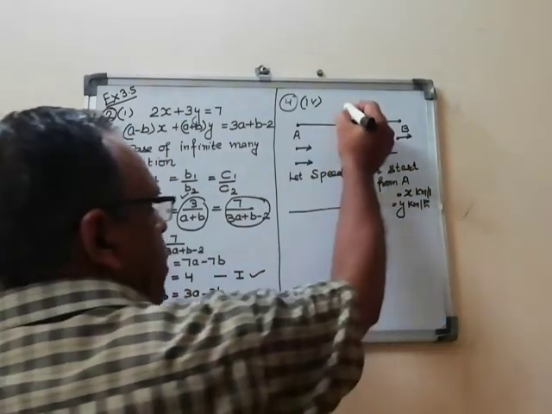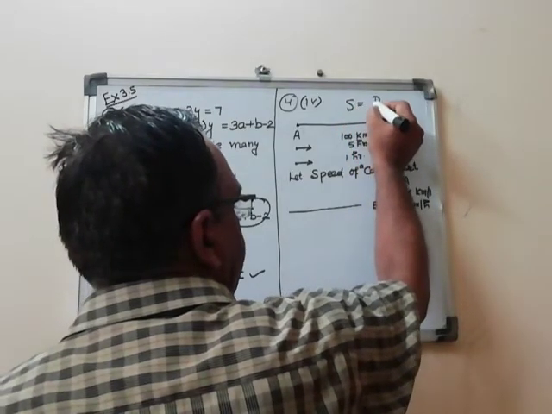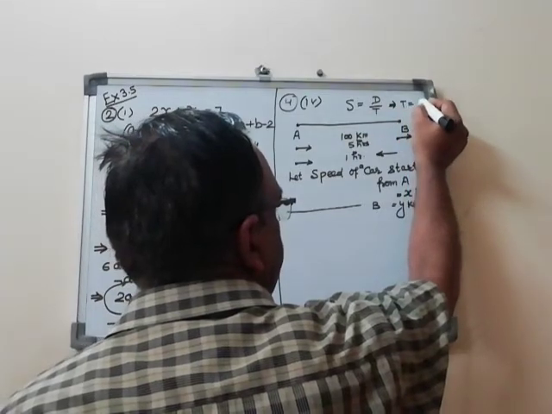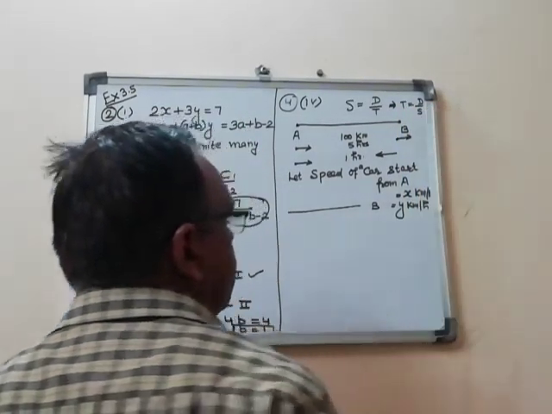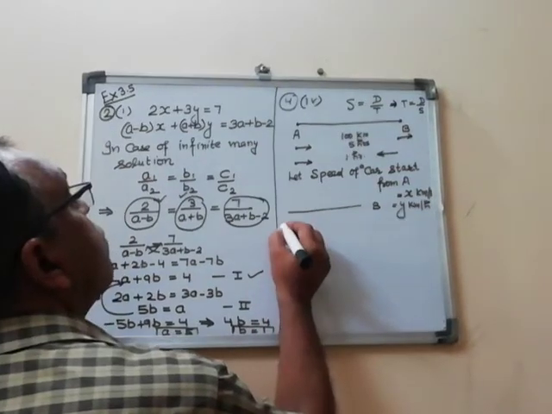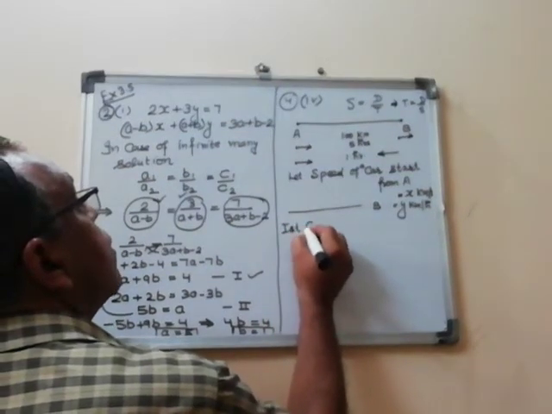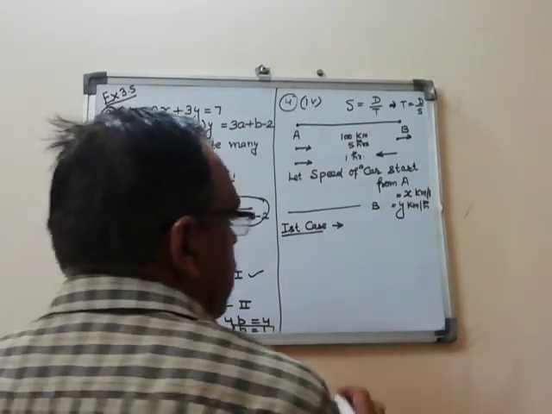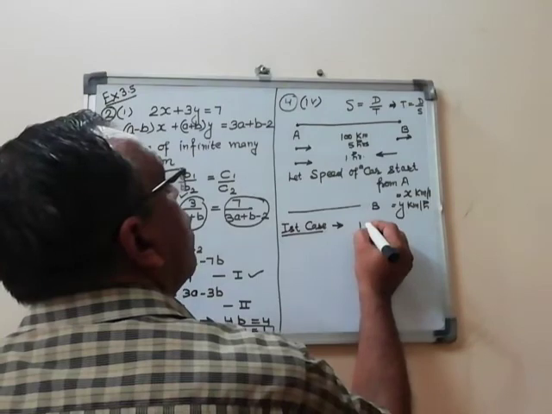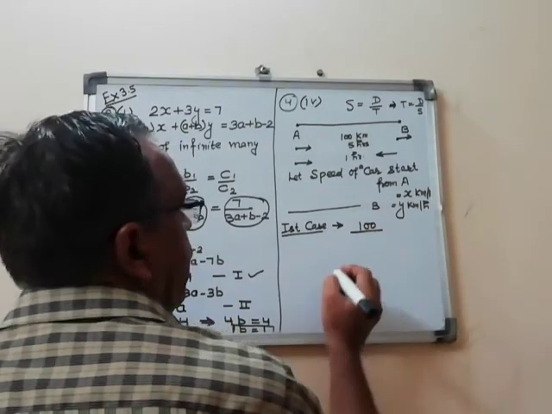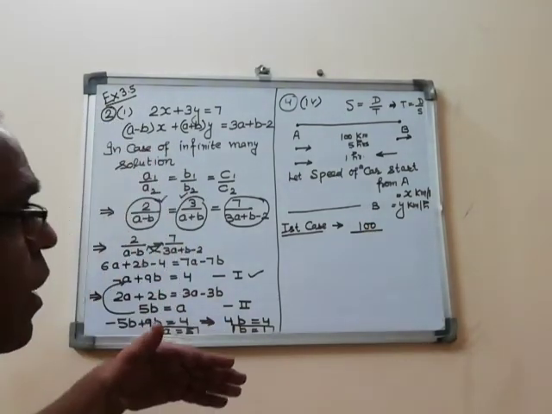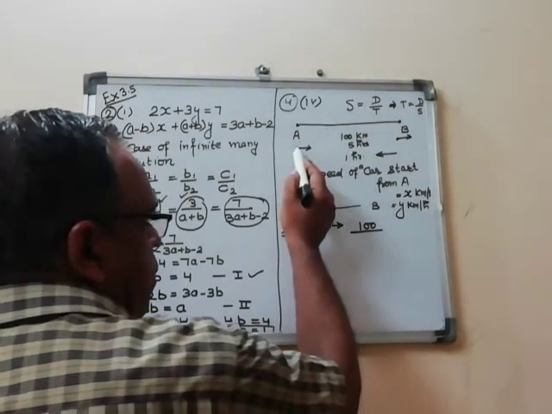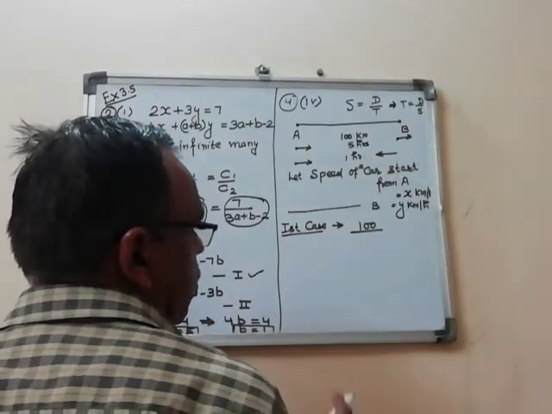As you know, speed is equal to distance upon time, and time is distance upon speed. So what is the first case? First case, when both cars go in the same direction, the distance traveled is 100, and the speed is minus. Suppose they will meet in 5 hours.